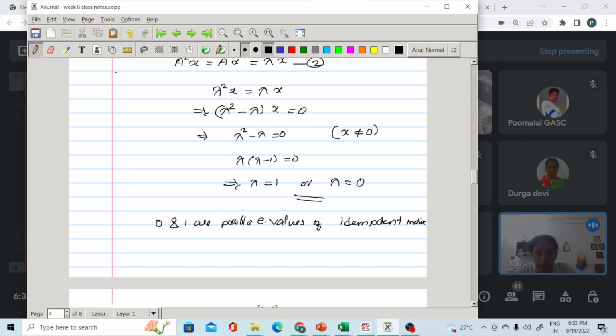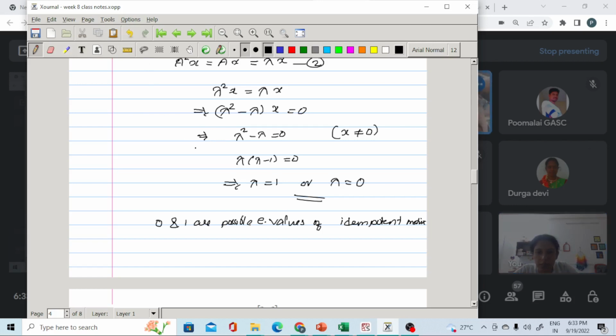If I am taking a matrix A which is idempotent, is it possible that A has only 0 as the eigenvalue, or only 1 as the eigenvalue?